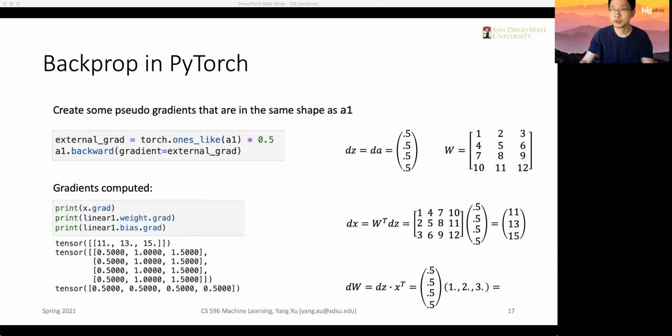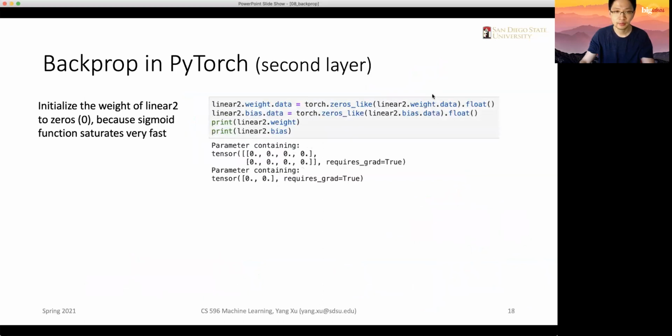And then we'll go deeper now. Let's look at the second layer. We will do a little bit of special initialization. The second layer is more or less the same as the first one, but the only difference is that it has a different activation function.